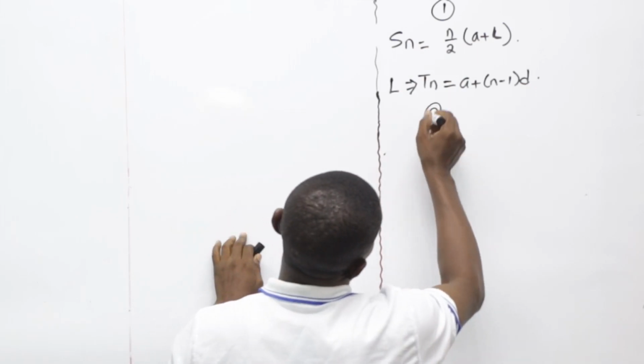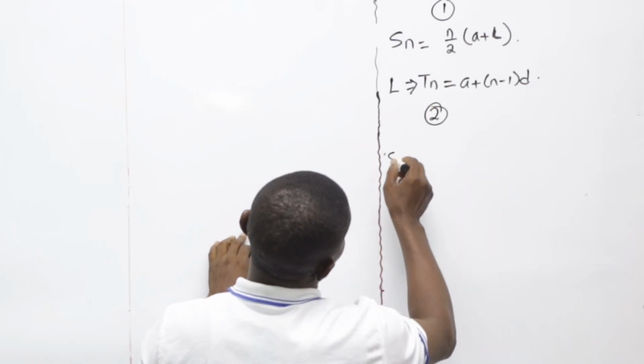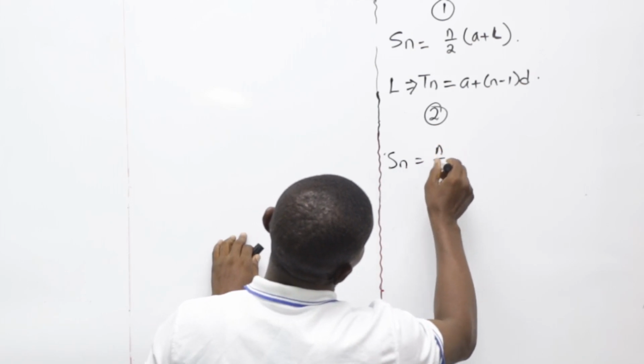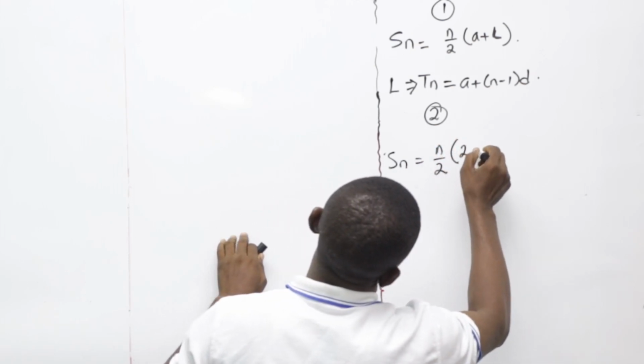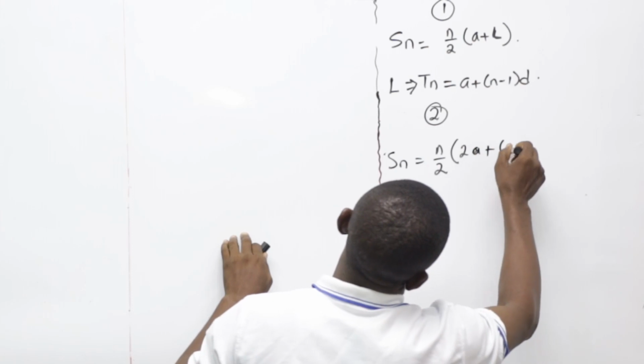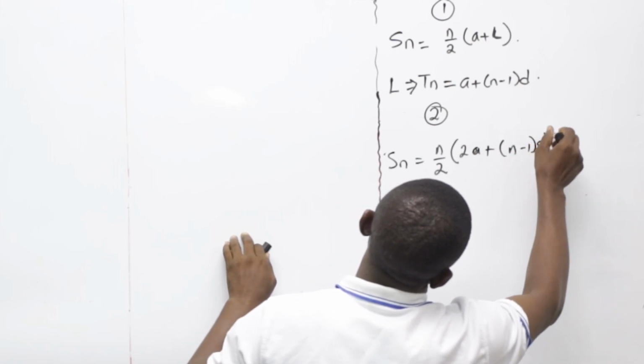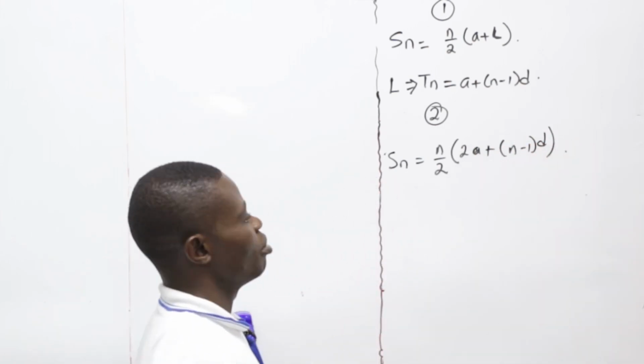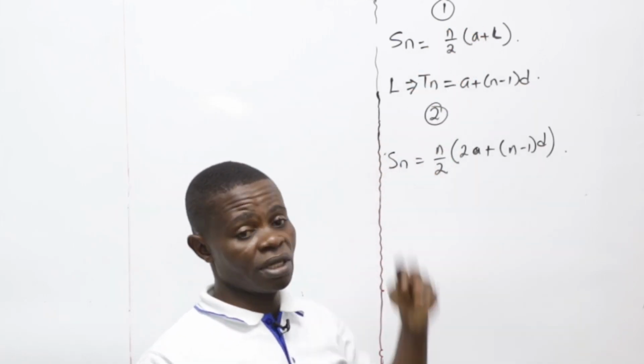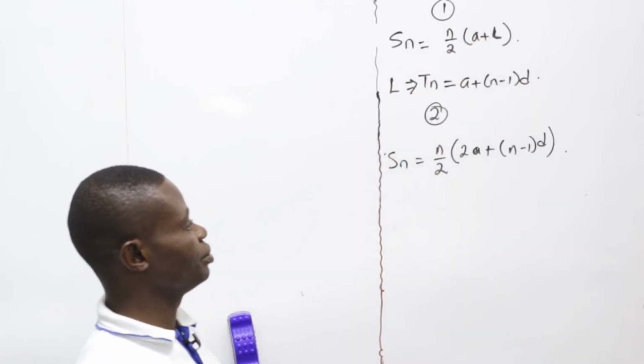The second one is this. Sn equals n all over 2 into 2A plus bracket n minus 1 into D, close bracket. But this formula and this formula are just the same thing. How do I mean?